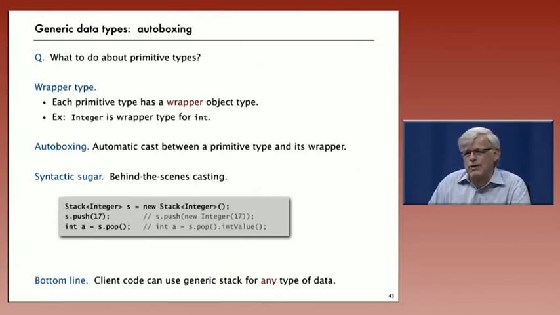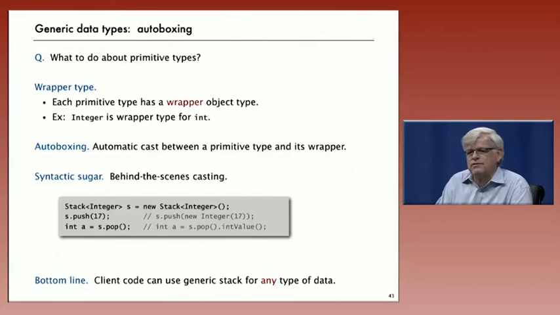Integer with a capital I is the wrapper type for int, and so forth. Many of you are probably familiar with that. And there's a process called autoboxing, which automatically casts between primitive types and wrappers. So all of that handles the problem of dealing with primitive types kind of behind the scenes.